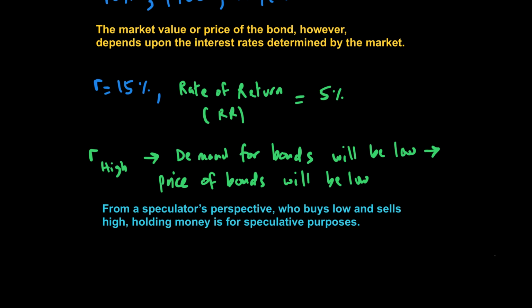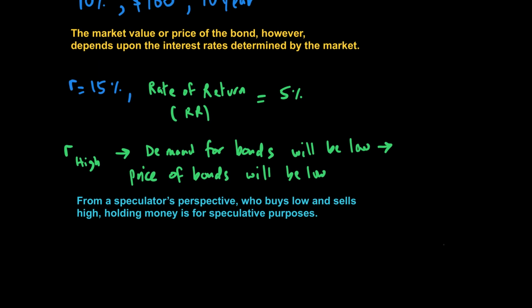Now, when the price of bonds is low, this is where the speculator will buy bonds. So when everyone else is selling because the price of bonds is going down, the speculator on the other hand will be buying bonds.